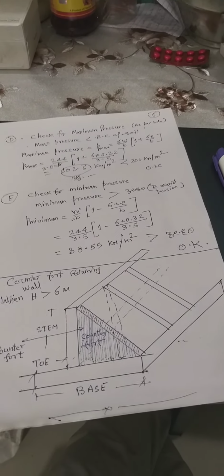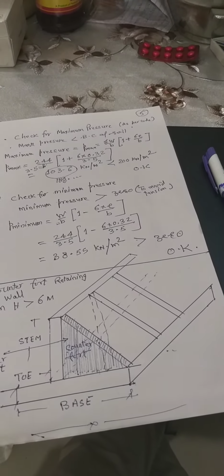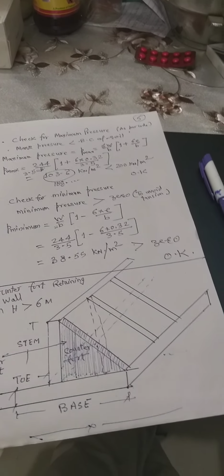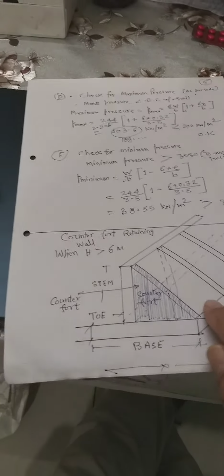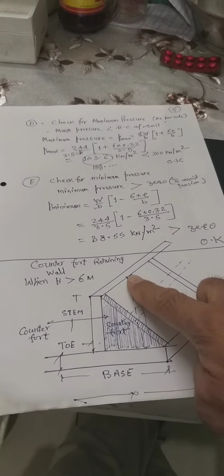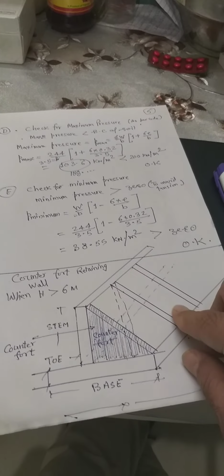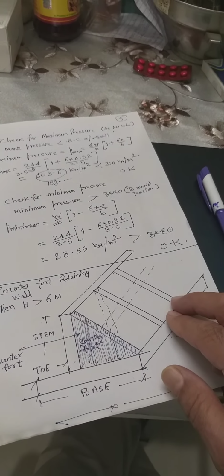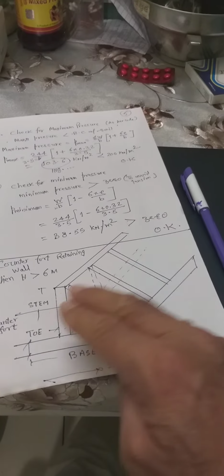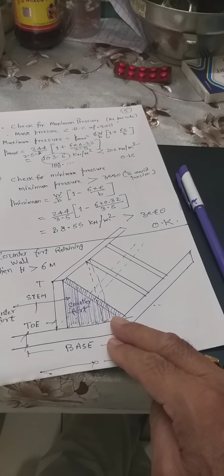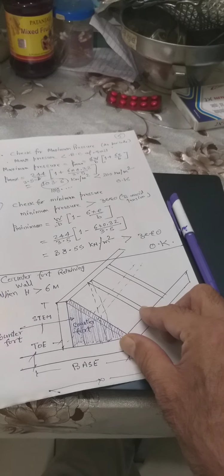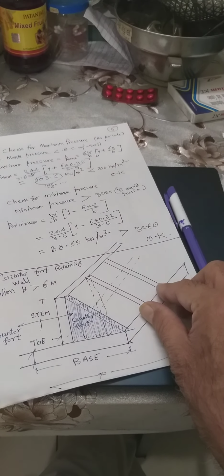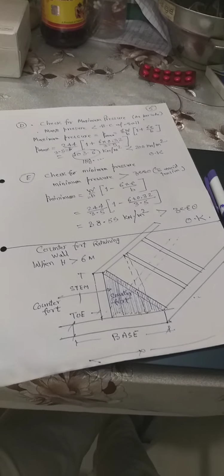Hence, under such circumstances, it is not economical, and just to achieve economy, what we are doing is providing an additional wall. We call it a counterfort. These beams are provided at equal intervals, and they also act as bracing, so the load will be transferred only up to these distances, and so on. So all calculations are reduced, and thereby economy can be achieved.